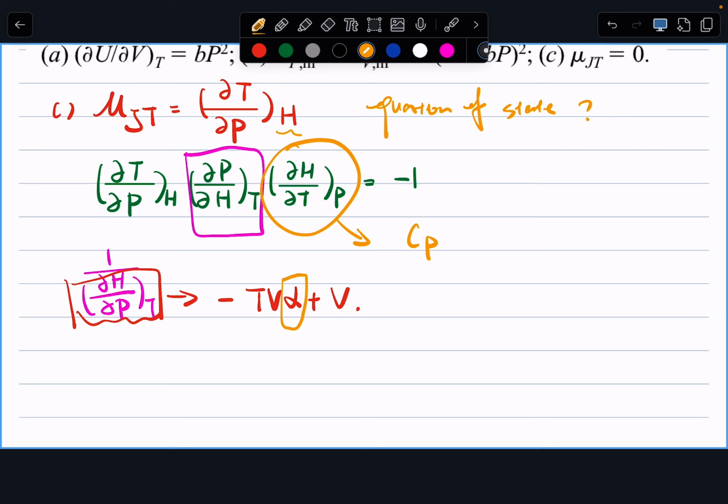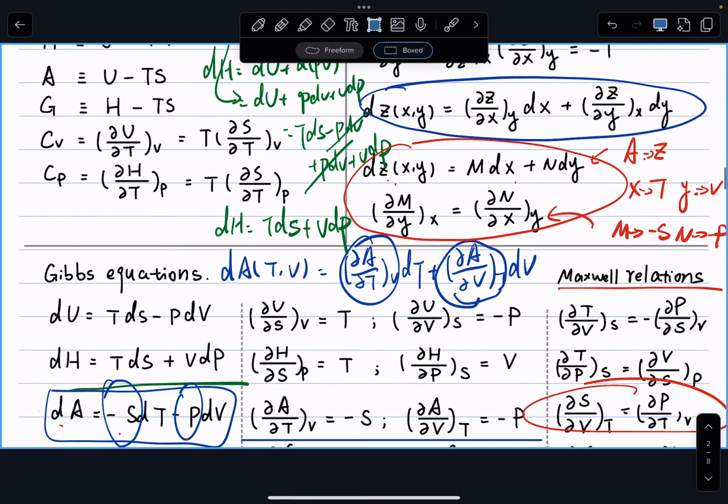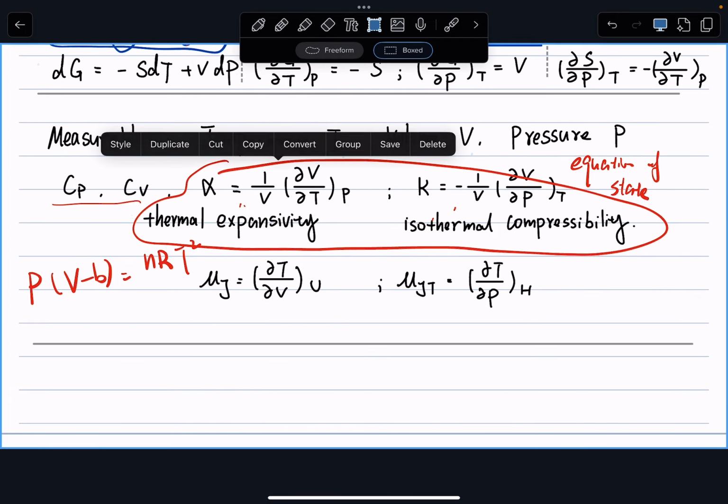Now, alpha is something we can solve for from the equation of state. So what is my alpha? This should be solved from previous cases, but let's just do that together. You can go back and check. I don't have very good memorization, so I always go back and check what they are.